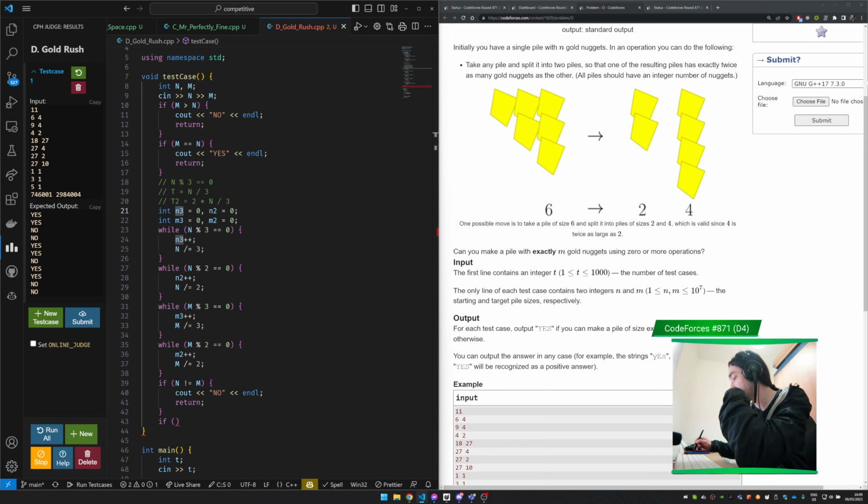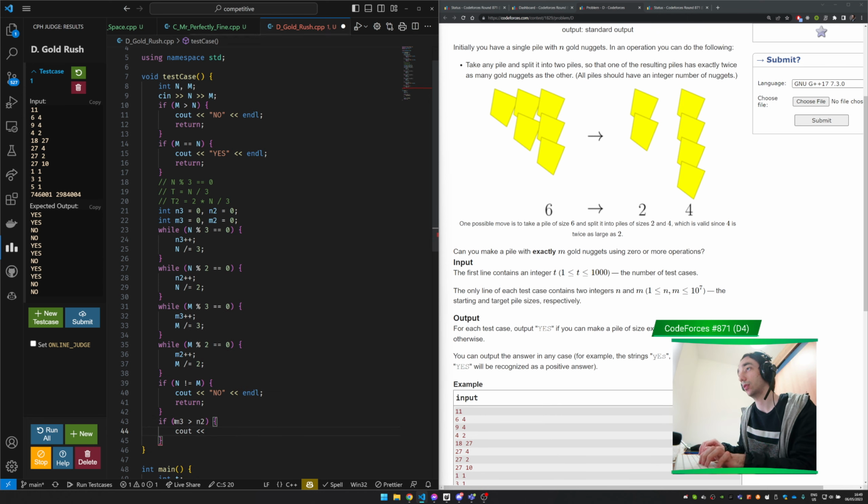If I have 3 to some power, then on m this power has to be smaller, right? So if m has bigger power of 3 than n, I can't do it. So just m3 bigger than n3, I can't do it.